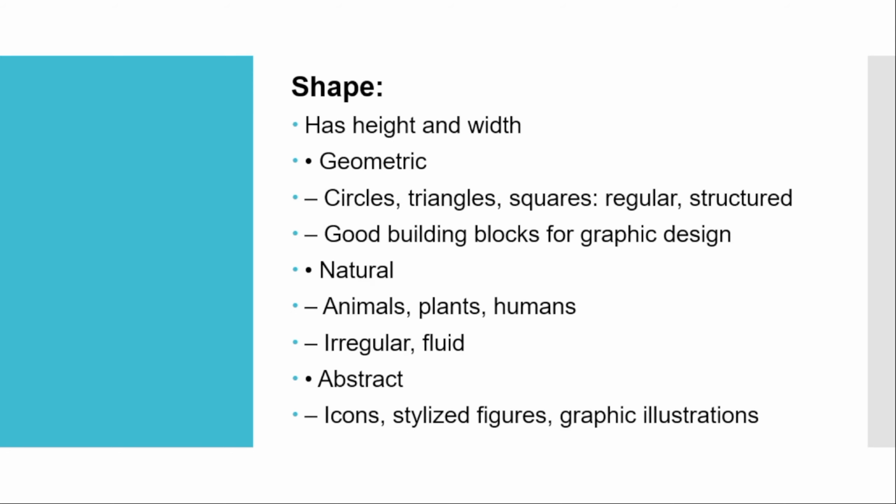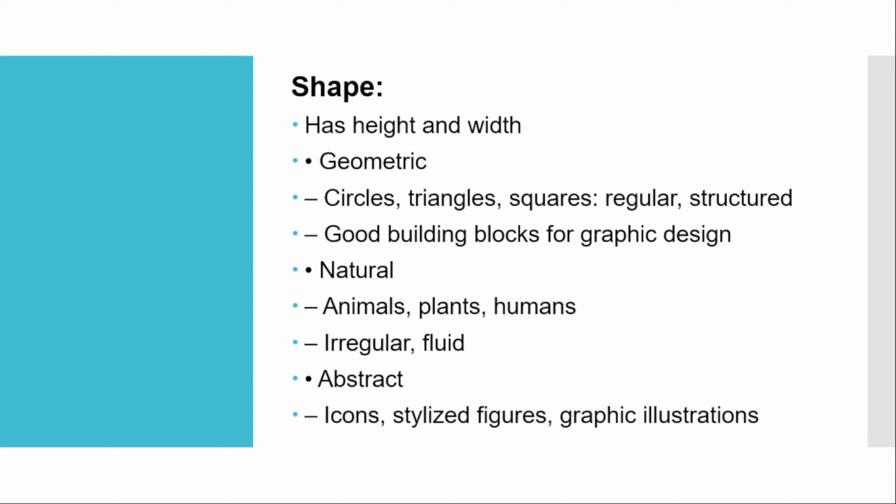Shape, which is the second one, has height and width. As we all know, it's through the help of shape that we are able to place images in different forms of shapes. Shapes can be circles, triangles, squares, or rectangles, good building blocks for graphic design.